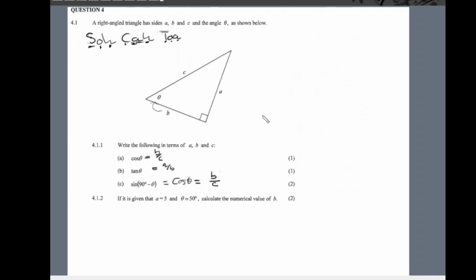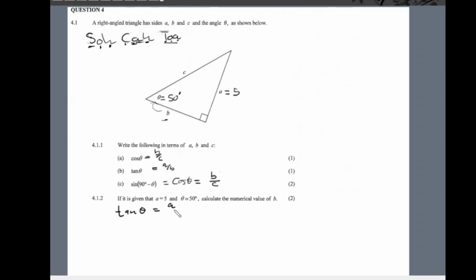Okay, so if A is equal to 5 and theta is equal to 50 degrees, calculate the numerical value of B, right? So you will see that if you use this trigonometric ratio, tan, tan theta is opposite over adjacent.